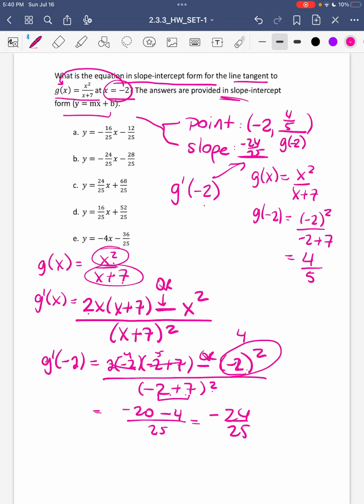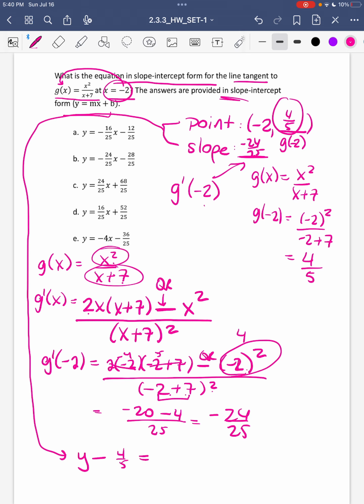We can use those to find the equation of the line in slope-intercept form. We have y minus the y-coordinate of our point, which is 4/5, and that's going to equal our slope, which is -24 over 25, times x minus our x-coordinate of our point, which is -2. So that's going to be y minus 4/5 equals -24 over 25 times x plus 2.